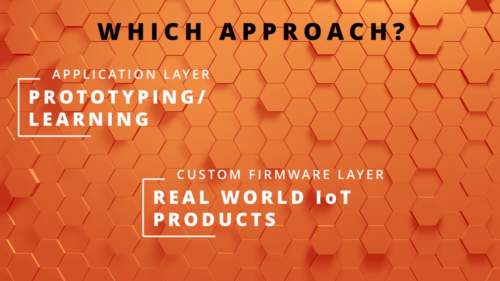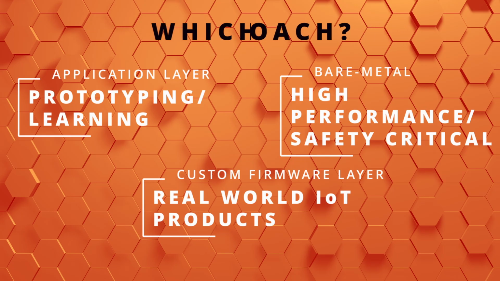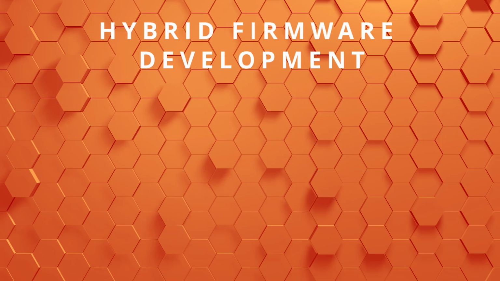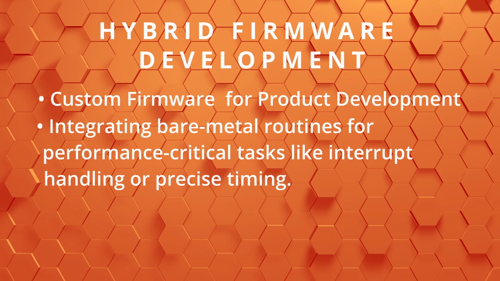And if you are designing high performance or safety critical systems, explore bare metal programming. In reality, most professionals work hybrid, using custom firmware for product development and integrating bare metal routines for performance critical tasks like interrupt handling or precise timing.